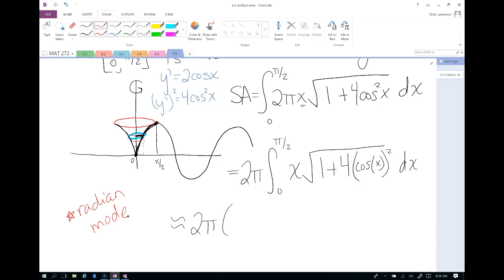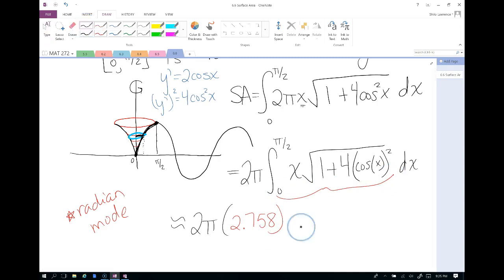So let's see what the calculator has to say for the integral from 0 to pi over 2 of x times the square root of 1 plus 4 cosine of x squared. So just for the integral the way I have it written now without the 2 pi, I got 2.758.